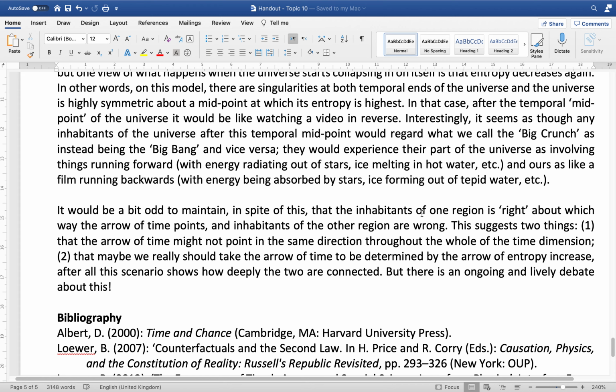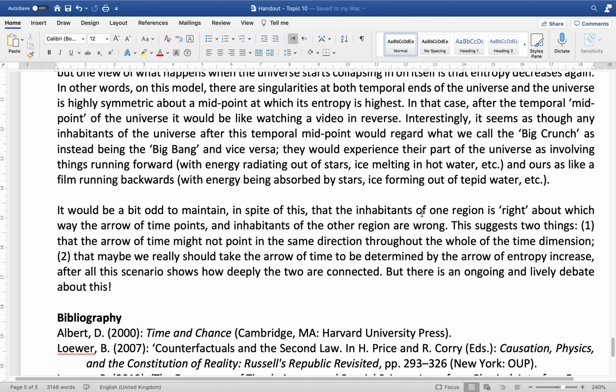But as I say, the whole topic is more characterized by speculation and debate and hypothesis than anything like consensus. It doesn't seem that sufficiently detailed demonstrations or arguments have yet been put forward to have people crystallize around a consensus position on whether we can understand the direction of time in terms of the direction of entropy increase.